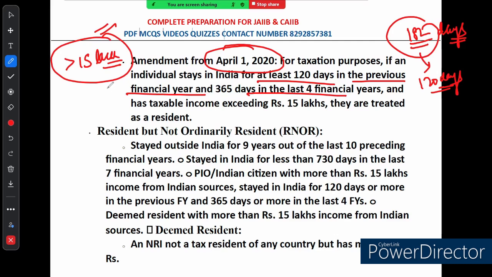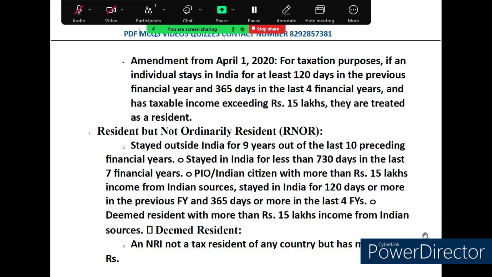Is it clear now? The next pertinent question is, why do these changes matter? They help to ensure that people who earn a lot of money in India, even if they live abroad for most of the year, pay their fair share of tax here. This is important for maintaining a fair tax system and supporting India's economy.